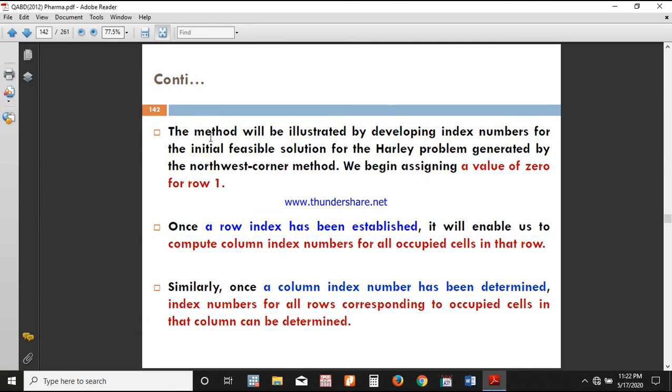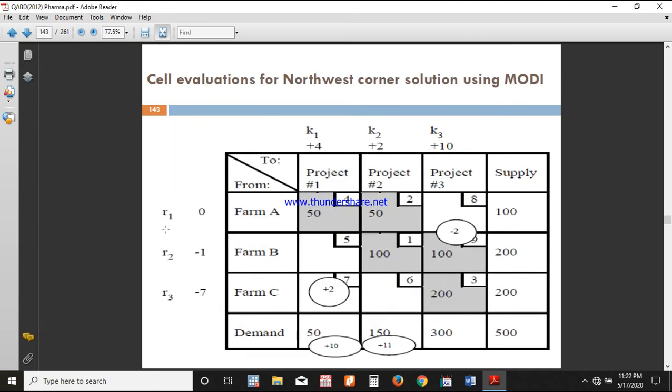The method will be illustrated by developing index numbers for the initial feasible solution for the Harley Gravel problem, the northwest corner point solution you can bring here, with the total cost of 1,900, obtained by multiplying the cell cost with the occupied cells' unit quantity.